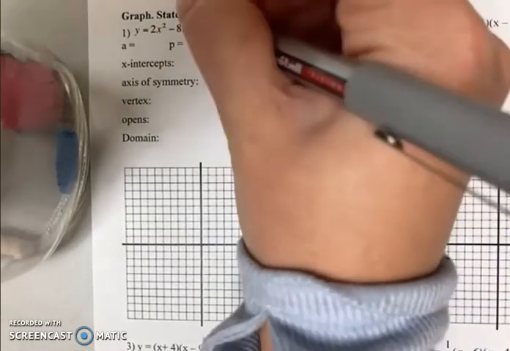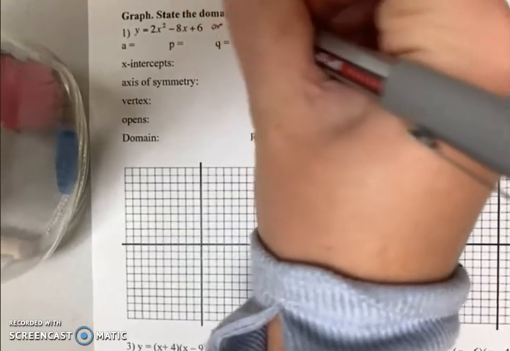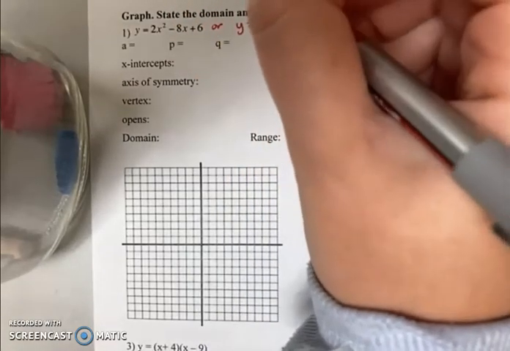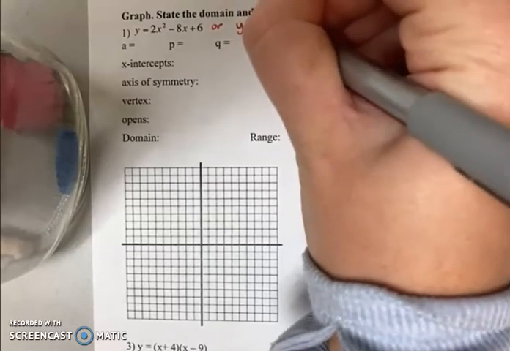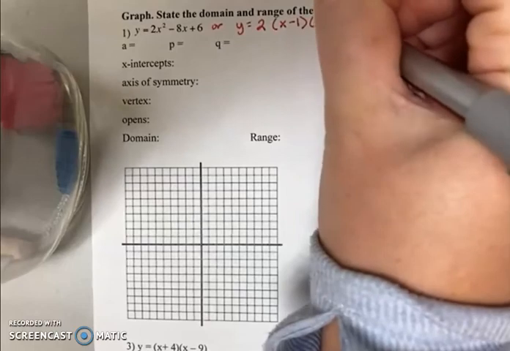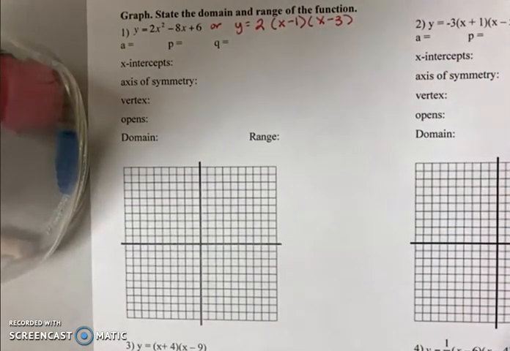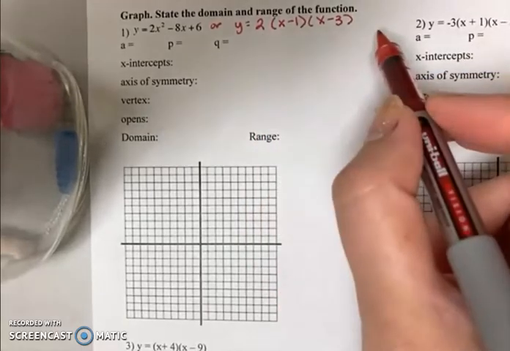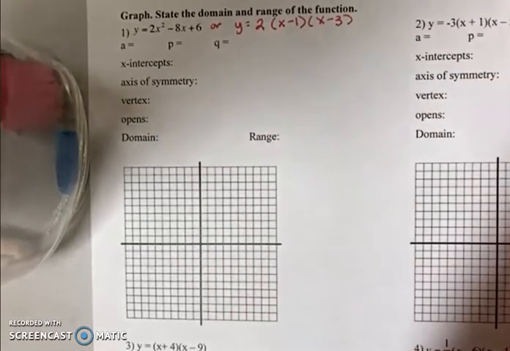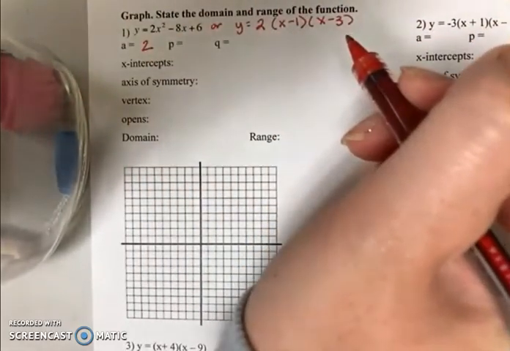So just so you know, if I were to rewrite this by graphing, and again, we'll go over this later, it would actually look like 2 times x minus 1 times x minus 3. Looking at this form, I can identify A, P, and Q. A is a positive 2.